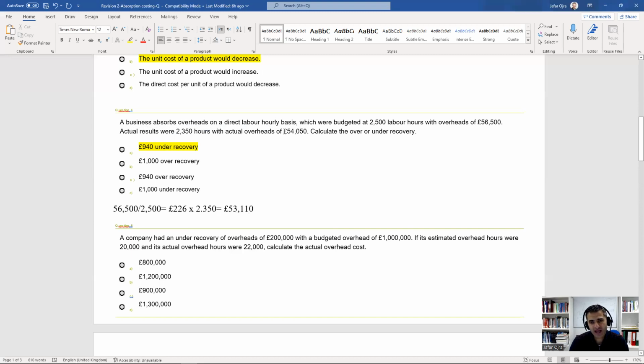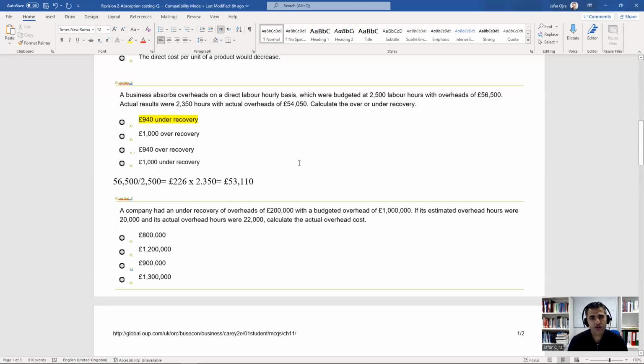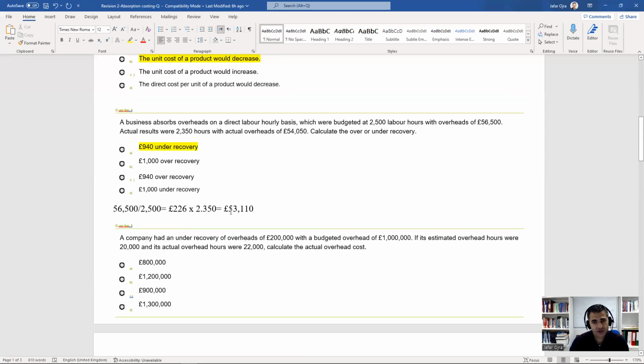So this means we added 940. If we added 940, this means it's under recovery. If we deduct 940, this means over recovery. So again, we added 940, so it's under recovery of 940.